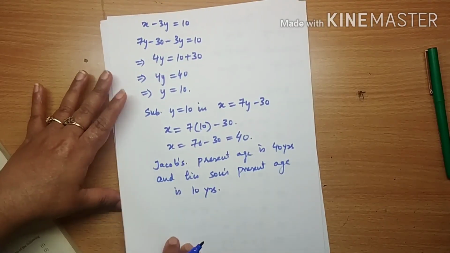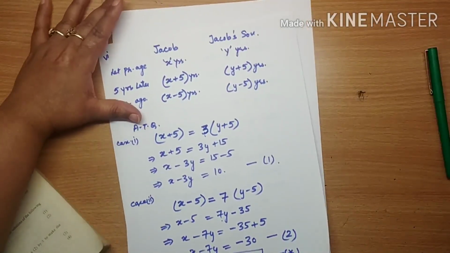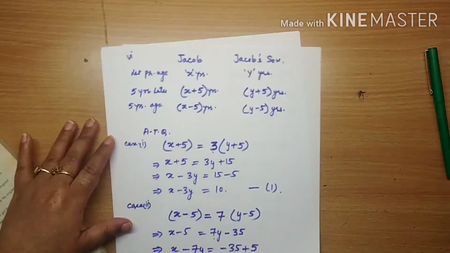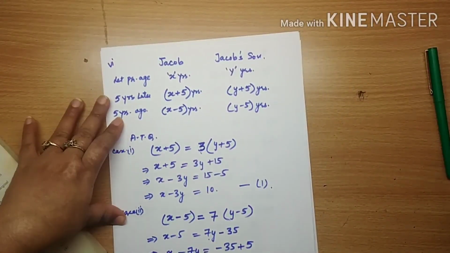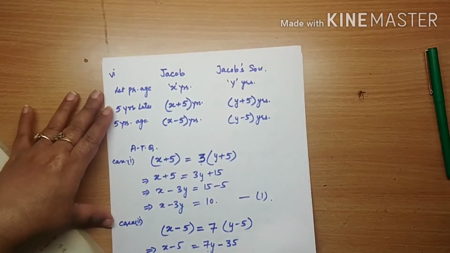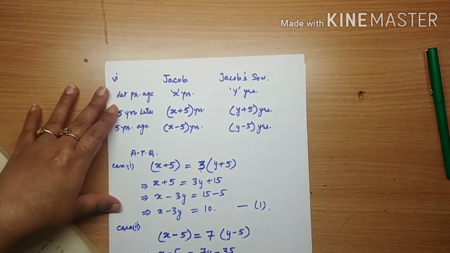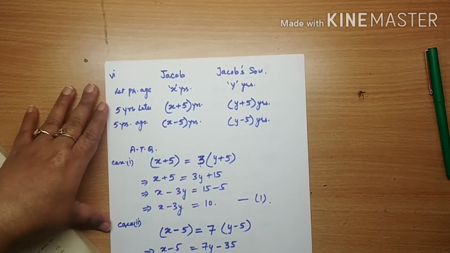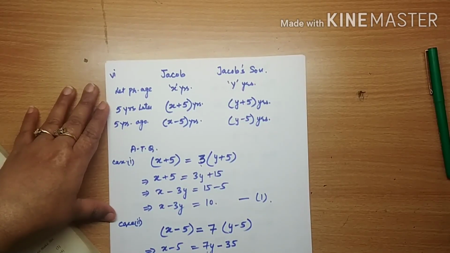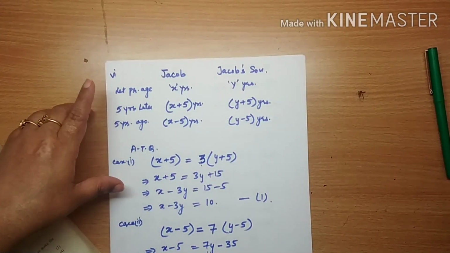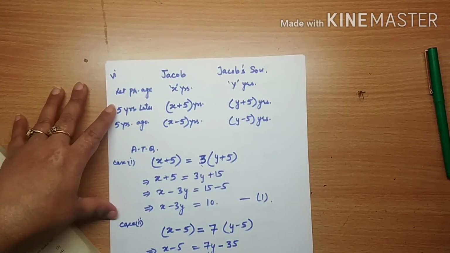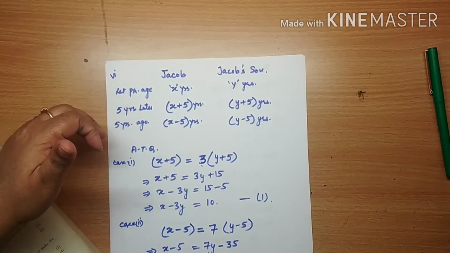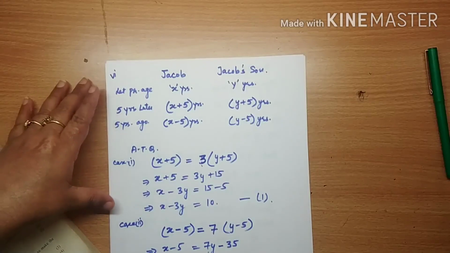We represented children Jacob's age with x and Jacob's son's age with y. In the question, let me explain this once more. In the question he says Jacob's age 5 years later will be 3 times his son's age, and 5 years ago it was 7 times his son's age.